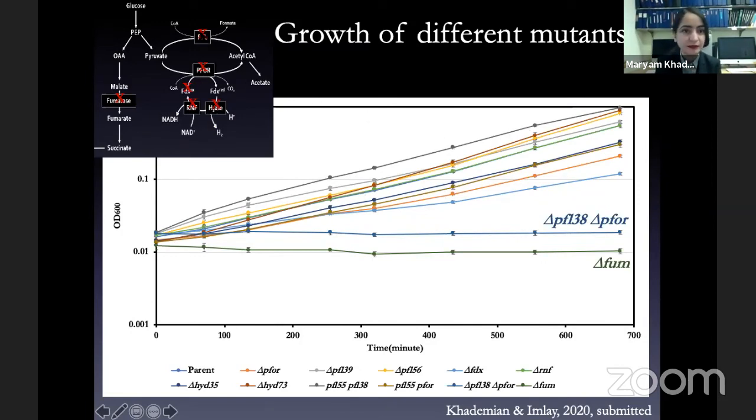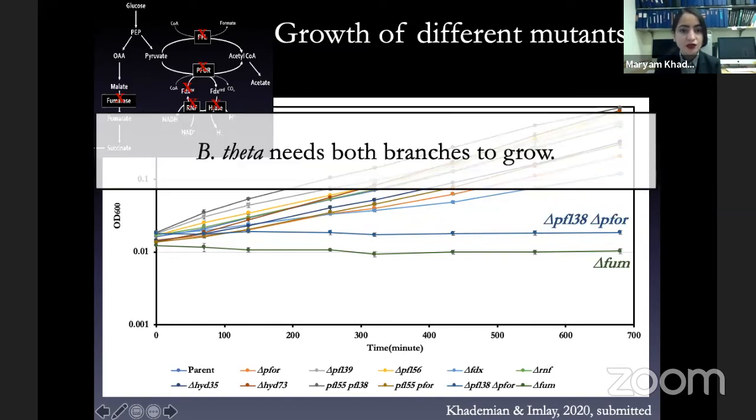If I delete PFL, the cells can convert pyruvate to acetyl-CoA through PFOR. If I delete PFOR, the cells again can grow because they can convert pyruvate to acetyl-CoA through PFL this time. But if I delete both of these, therefore, if I block the whole right branch, then the cells cannot grow at all.